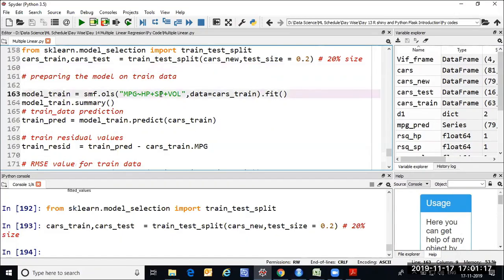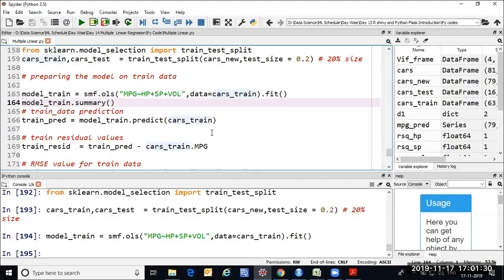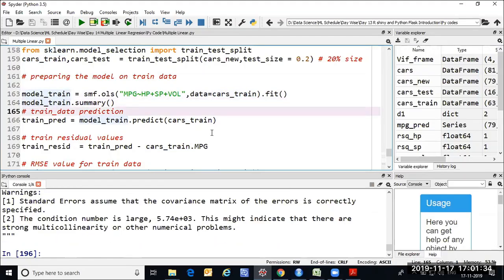So we are again training the model on the training data, building a model on the train data only. This time I'm using only cars_train data. So let's see the summary of it, the result.